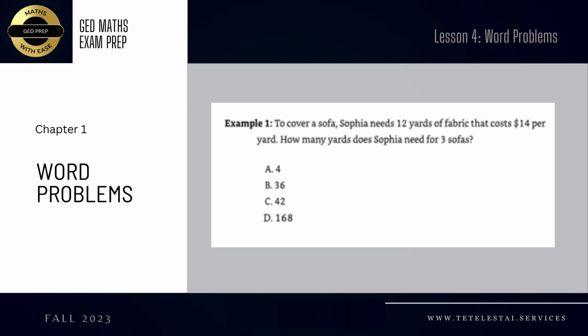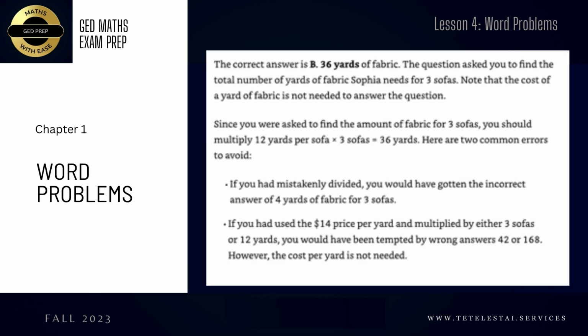So yeah, like we talked about already, the correct answer is 36 yards of fabric, and the question asked you to find the total number of yards of fabric that Sophia needs for 3 sofas. And note that the cost of a yard of fabric is not needed to answer the question because it's not asking you how much.